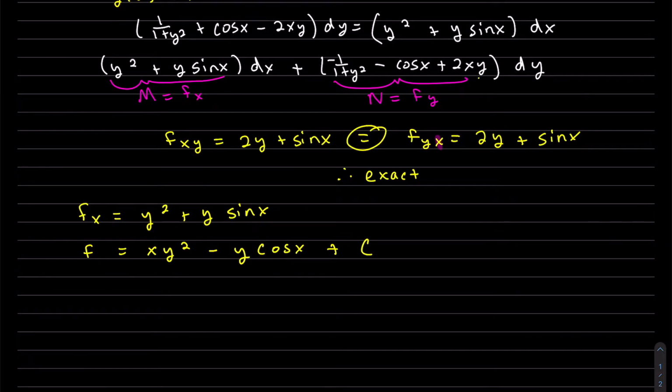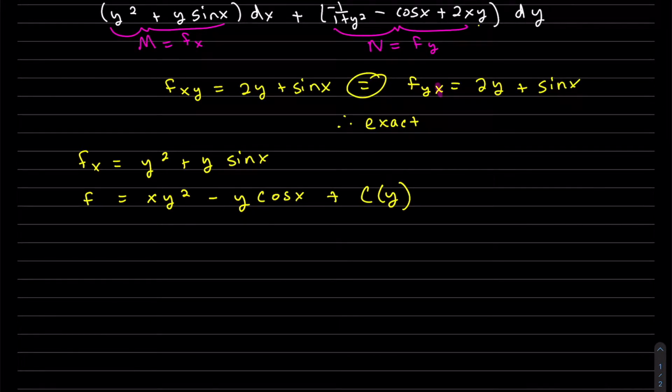We're going to add our constant, but since that was in terms of x, our constant is in terms of y. So there's our function that we need. We just need to make sure that we find c of y to complete it.